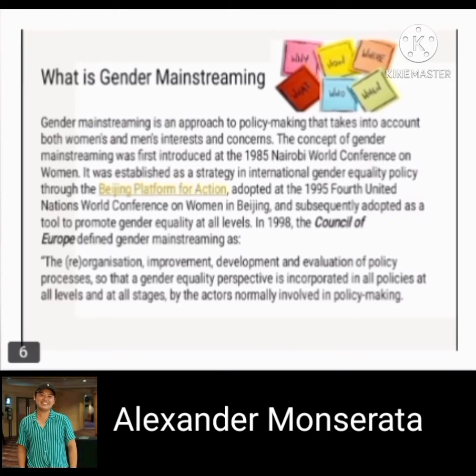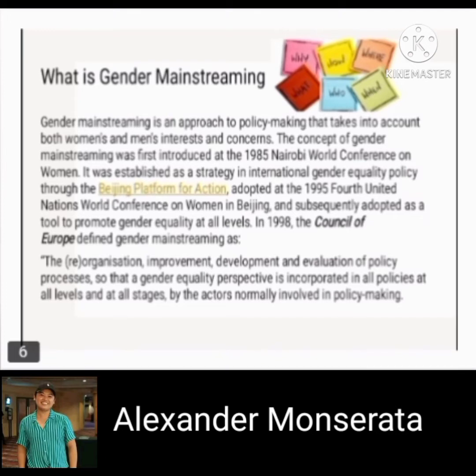The concept of gender mainstreaming was first introduced at the 1985 Nairobi World Conference on Women. It was established as a strategy in international gender equality policy through the Beijing Platform for Action, adopted at the 1995 Fourth United Nations World Conference on Women in Beijing, and subsequently adopted as a tool to promote gender equality at all levels.